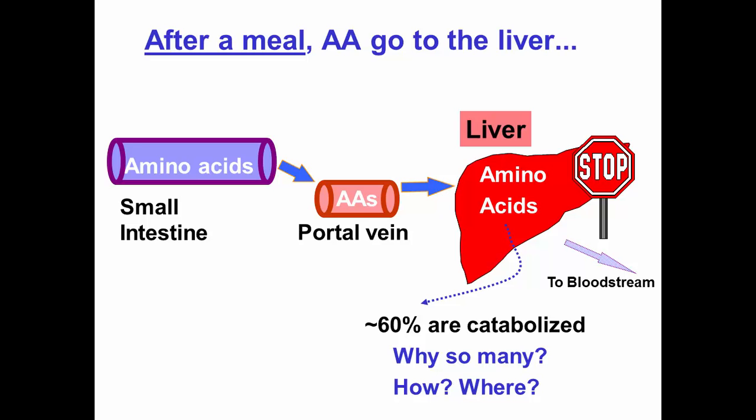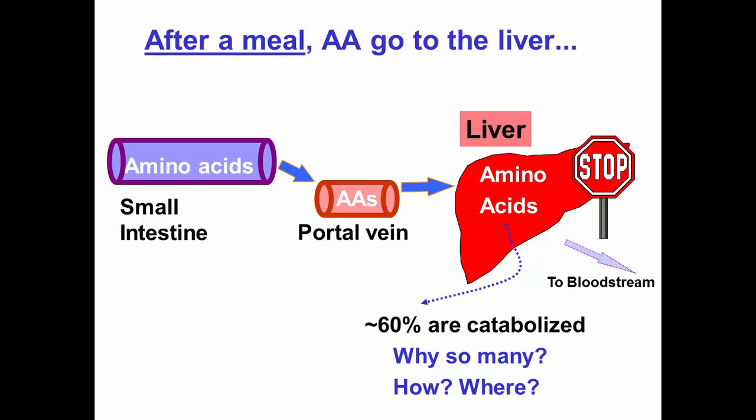So deamination, and that's a close number 2 to the number 1, which is transamination. The first step that happens for most amino acids in their metabolism is transamination, and then a close second is deamination. We're going to talk about how that happens. So that's the first beginnings of how they get catabolized.